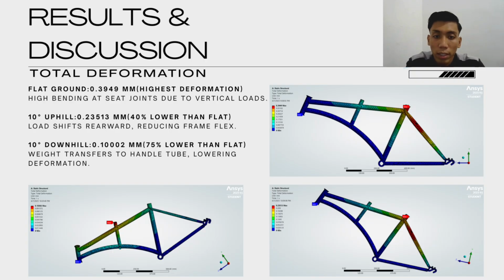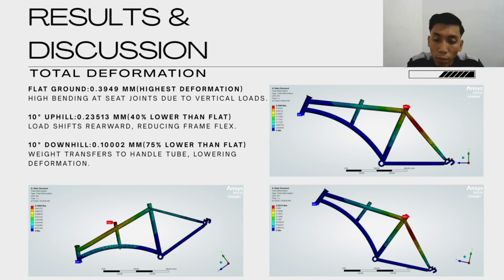In contrast, during a 10-degree uphill ride, deformation decreases by 40% to 0.23513 mm as the load shifts rearward, reducing the frame flex.